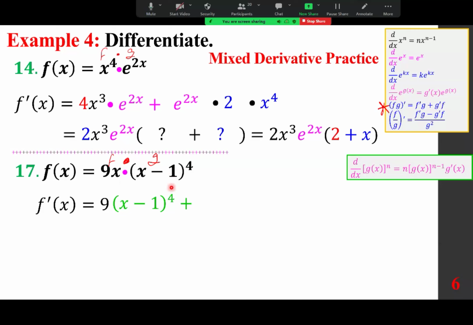We are going to differentiate this using the extended power rule: 4 times x minus 1 cubed times the derivative of the inside, which is 1, and times f, which is 9x, and we are done with calculus again, everybody.